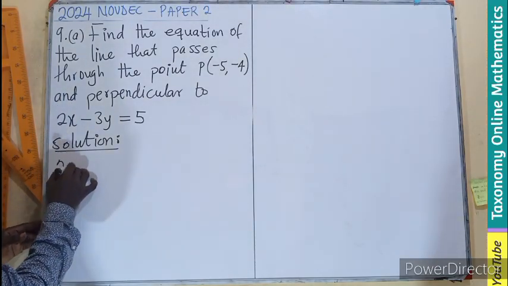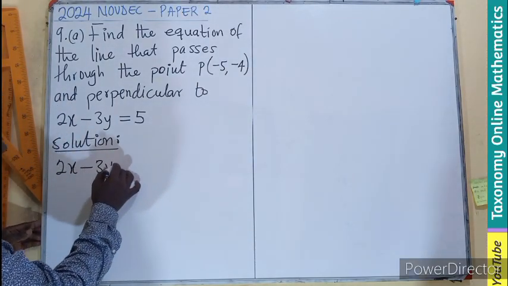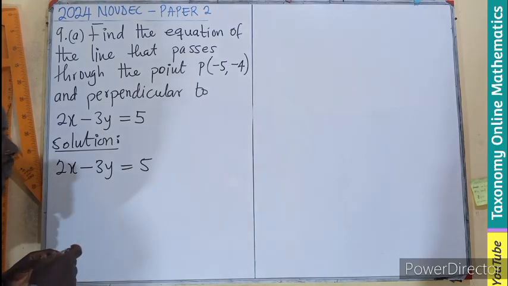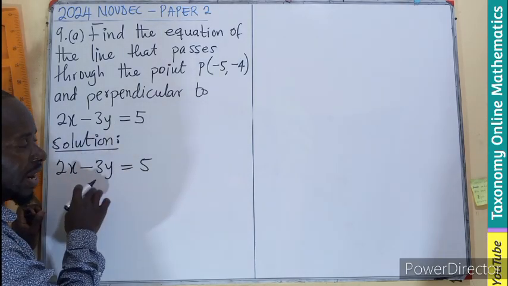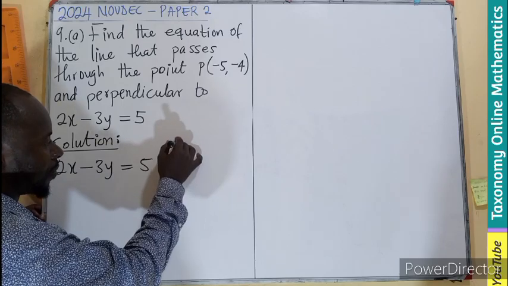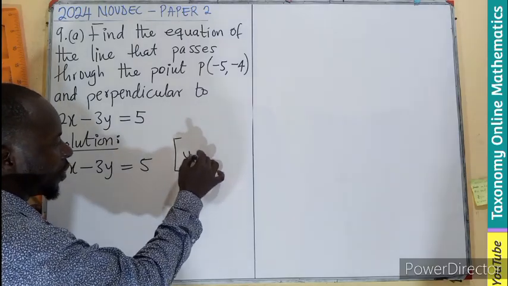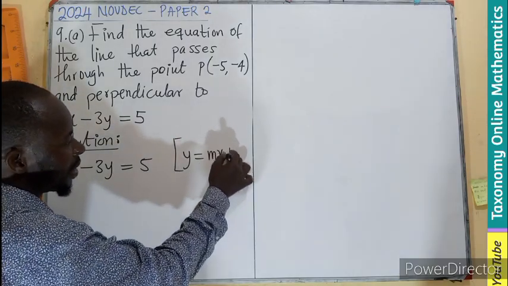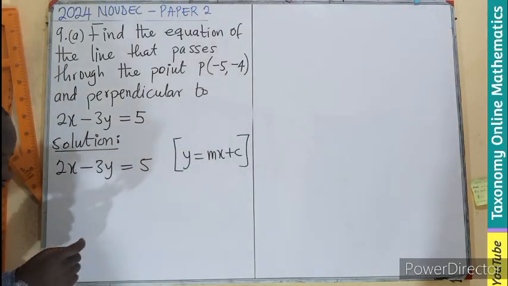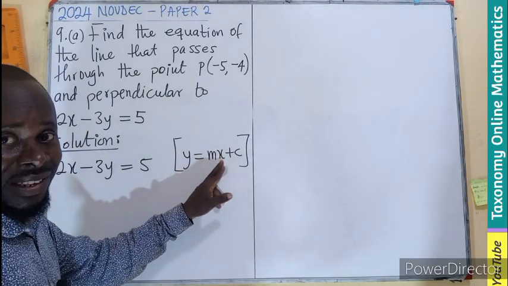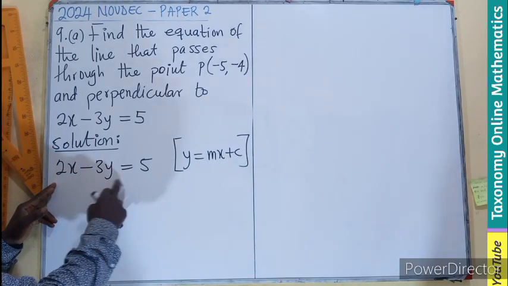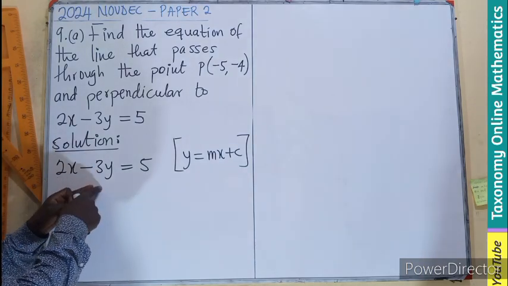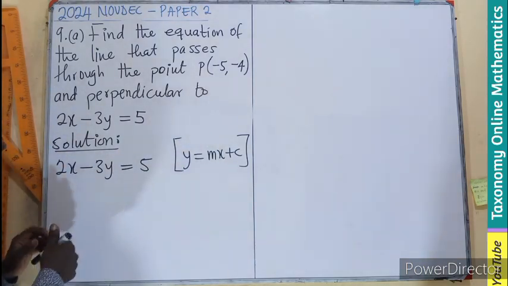If I have 2x minus 3y equals 5, in order to find the gradient, I need to write the equation in this form: y equals mx plus c, where the coefficient of x is the gradient. So I can rewrite this so that the coefficient of x becomes the gradient.